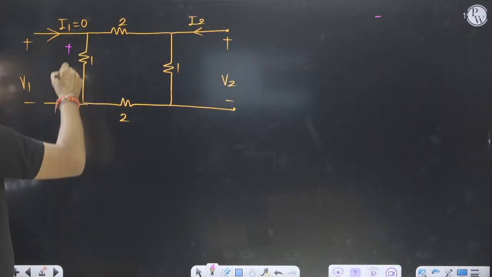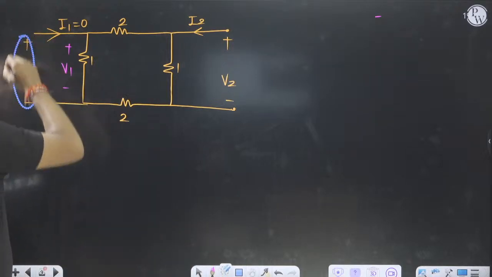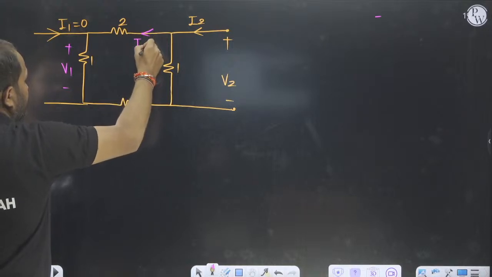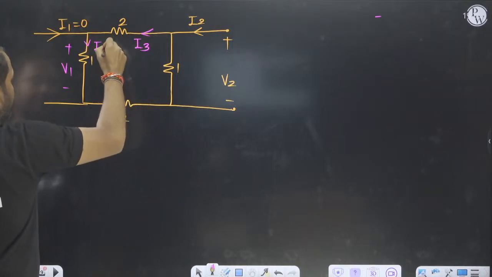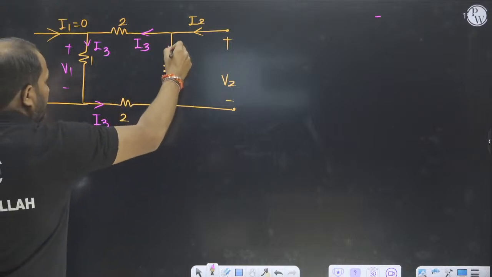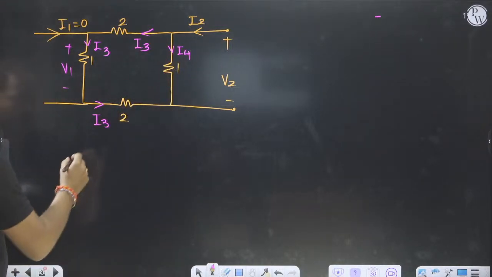So this is the voltage V1, and we know that there is a current I3 and there is a current I4.